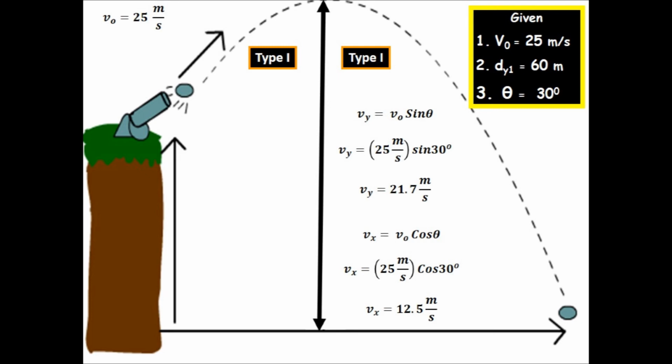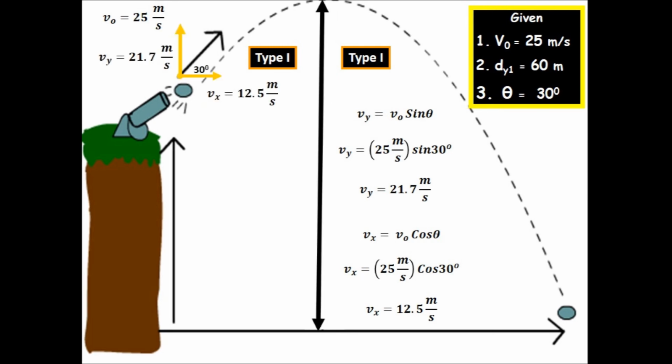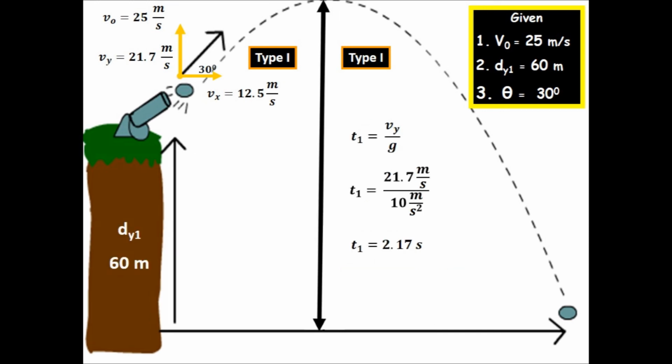So we're going to put these in accordingly as component vectors. There we have it. 21.7 is the Vy and 12.5 is the Vx. Now, T1 is going to be 2.17.